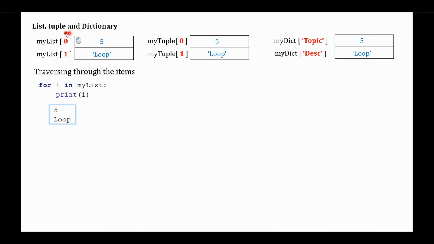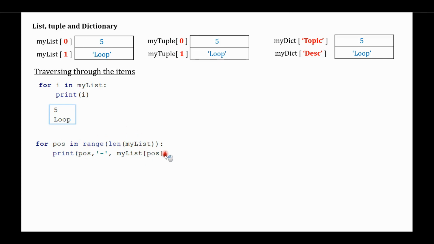If you want to also access the position of the list together with the values inside the list, you can use this notation by using range. You can use the length of the list to find out how many elements are inside the list. In this case, if you put len(my_list), this is going to return 2. And when you say for position in range(2), you are going to loop through the values 0 and 1 as the position.